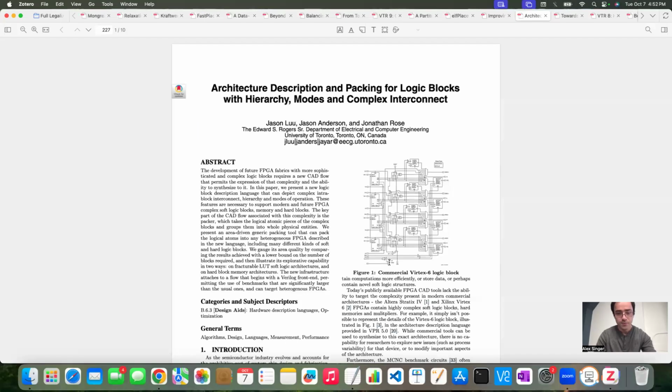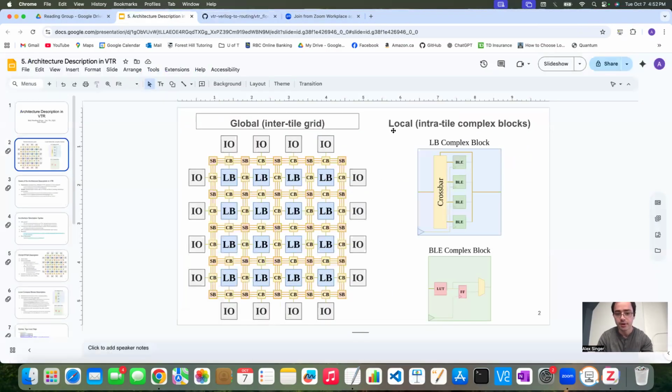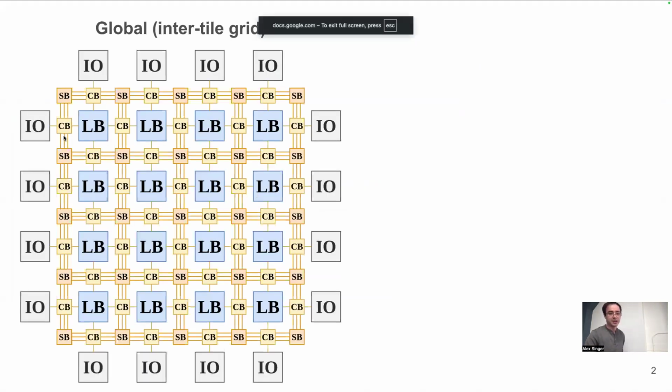Okay. So if I look back at my figure here, remember these yellow connection blocks that connect the logical block to the channel? I didn't define that in my device section. I only defined the switch blocks. So who defines how many connections go from the logic block to the channel?